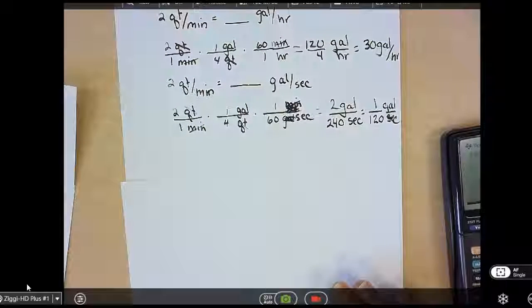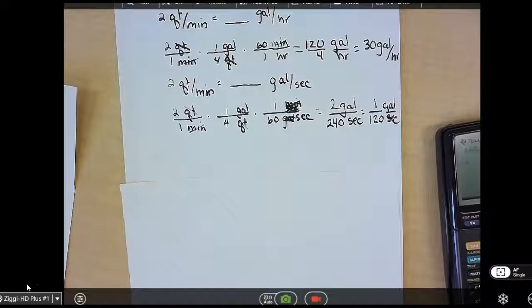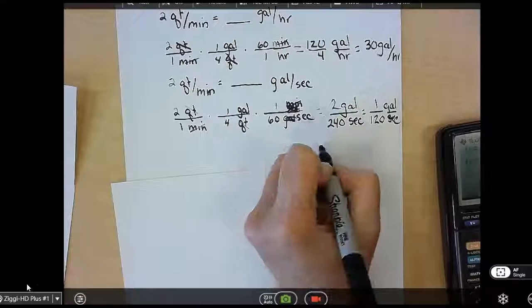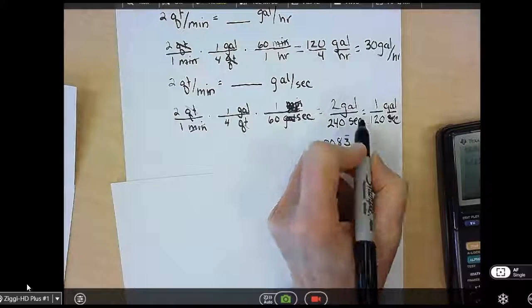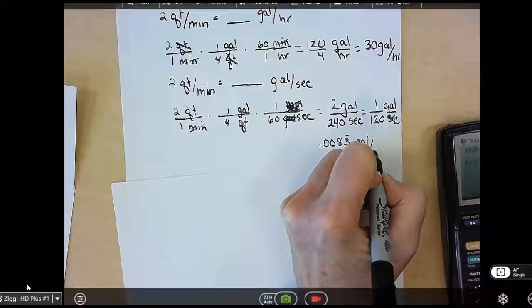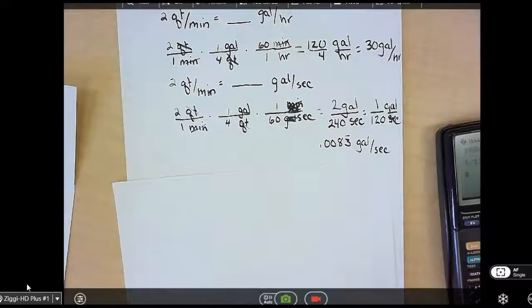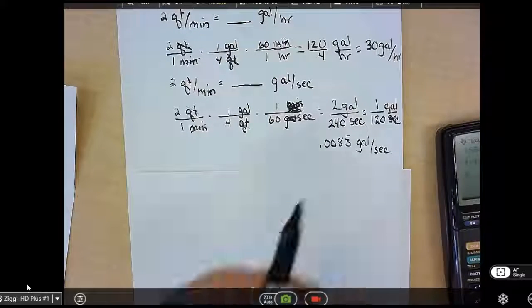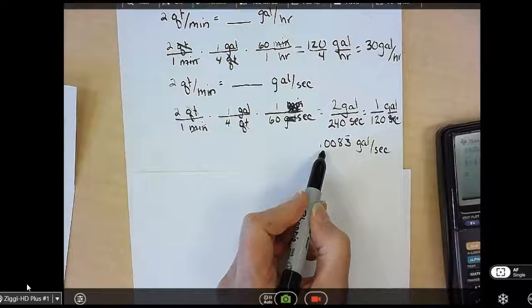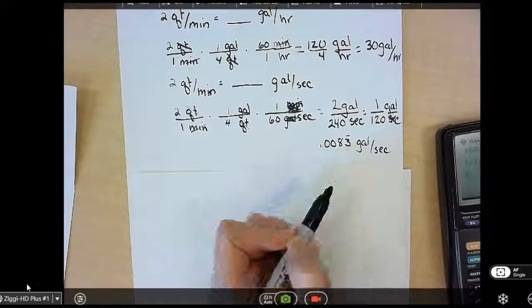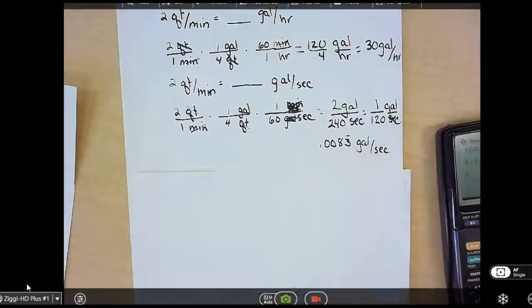Or if you want 1 divided by 120, is 0.0083 repeating gallons per second. So we could write it in either unit, 1/120th or the decimal 8 thousandths, and we would be done.